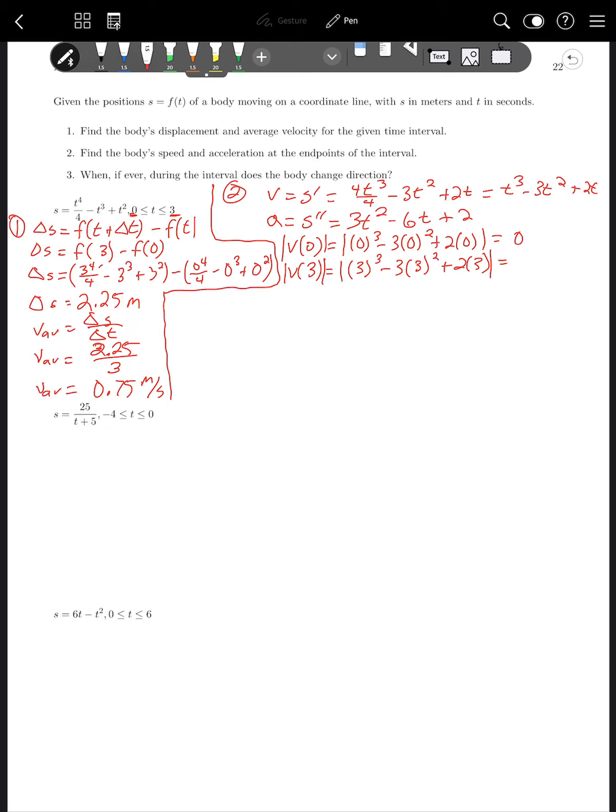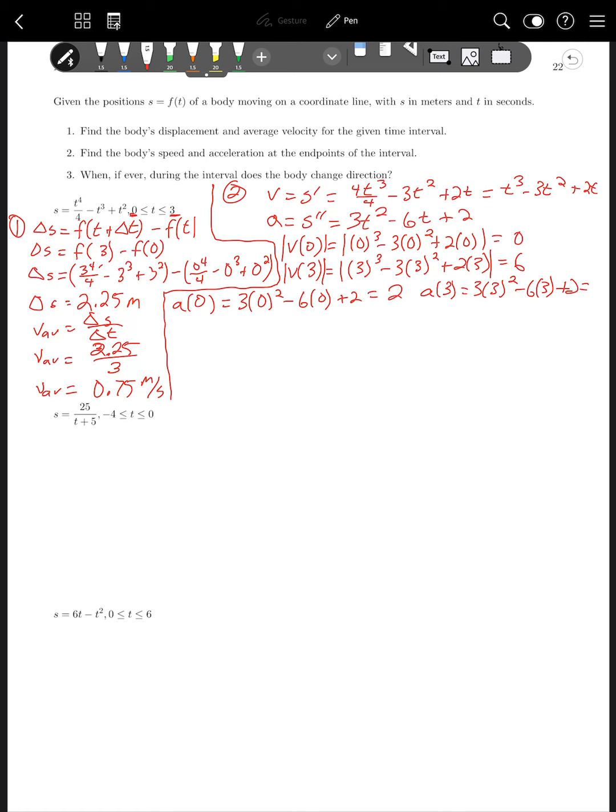And the absolute value of that, so even if it's a negative answer, it'll be positive. So that's what? 27 minus 27 plus 6. So that's 6. And then it wants the acceleration. So we need to find a of 0, which will be 3 times 0 squared minus 6 times 0 plus 2. So that's 2. And then I need to find a of 3, which is 3 times 3 squared minus 6 times 3 plus 2.